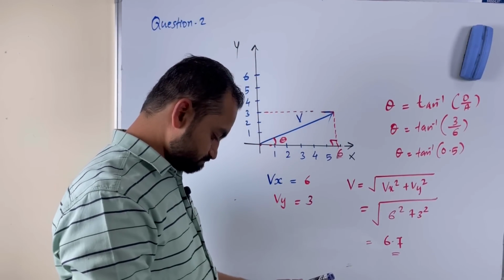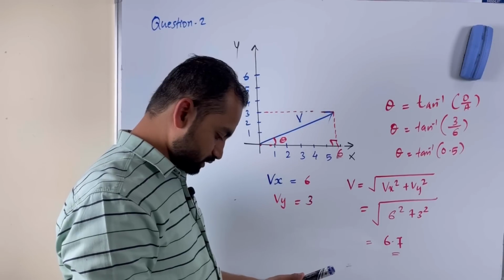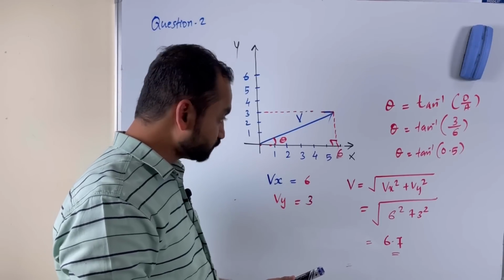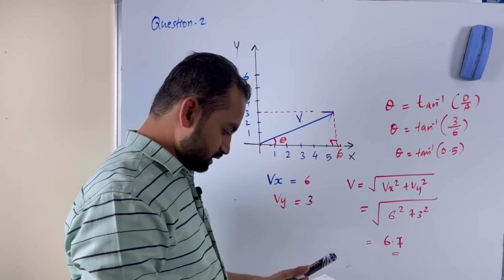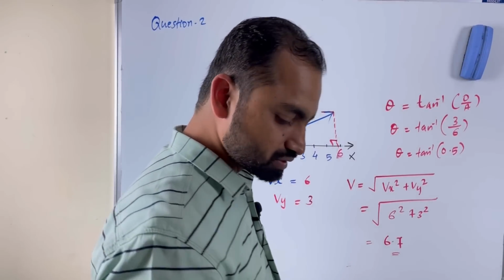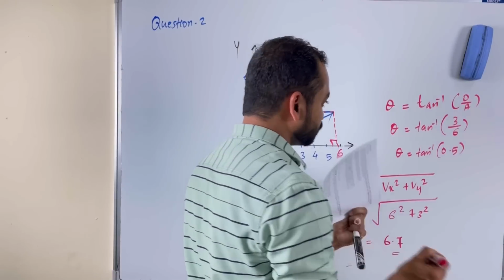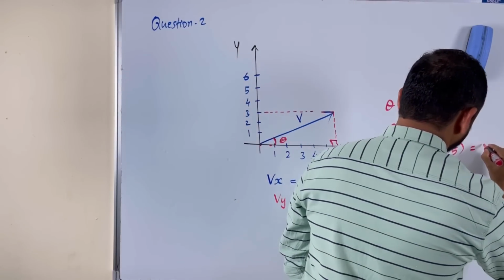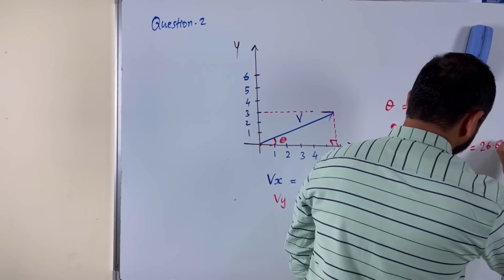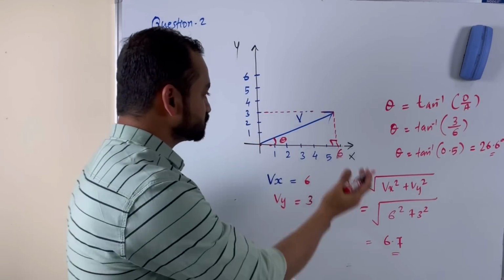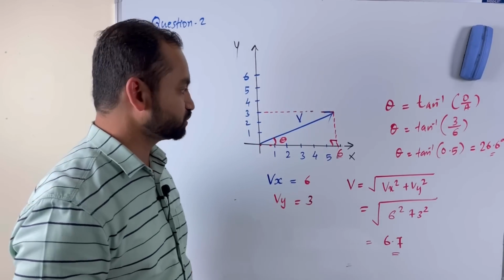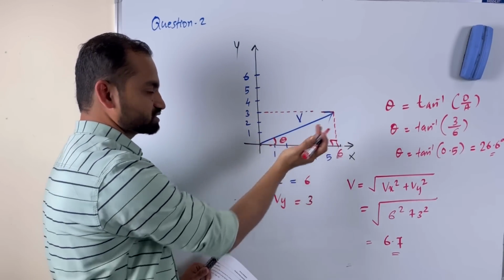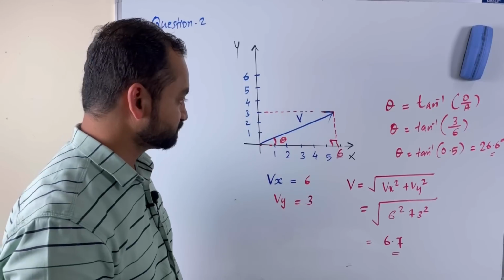Using shift tan, you will get tan inverse of 3 divided by 6, which equals 26.6. So the value of the angle is 26.6 degrees. We can say this vector V makes an angle of 26.6 degrees from the x-axis, that is its direction.